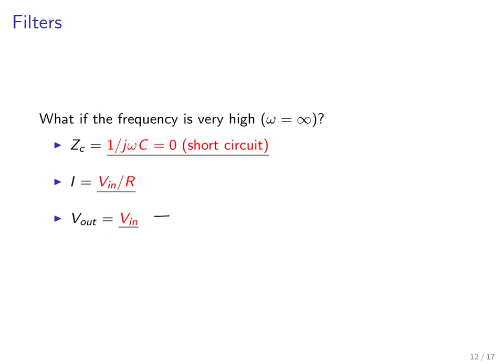So nothing happens to the input signal. It completely passes it. Whereas in the previous case with the DC signal, that signal was completely suppressed by the circuit.